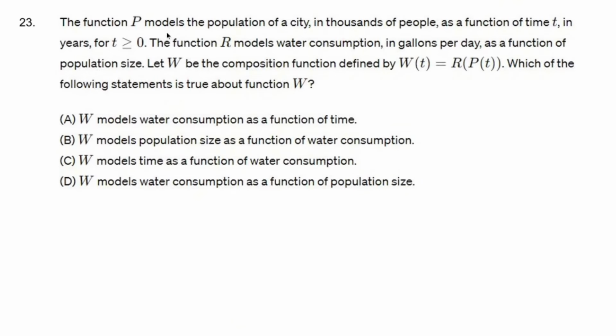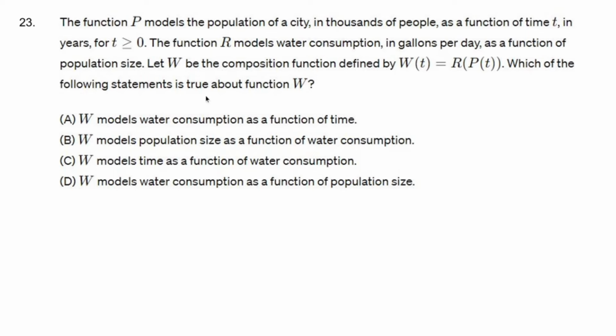You ready for a stupid problem? The function p models the population of a city in thousands of people as a function of time t, in years. t's got to be positive because, you know, real life. The function r models water consumption in gallons per day as a function of population size. Let w be the composition function defined by w of t equals r of p of t.